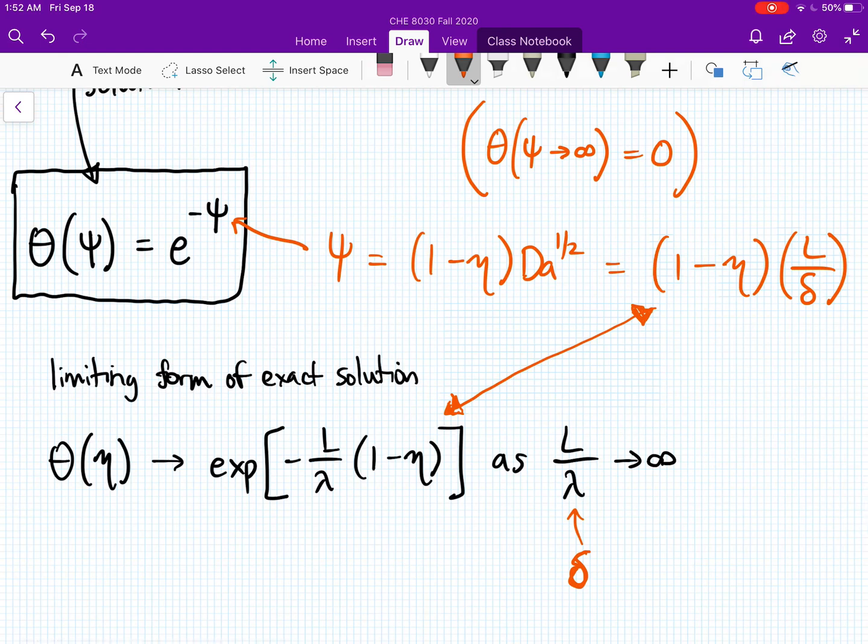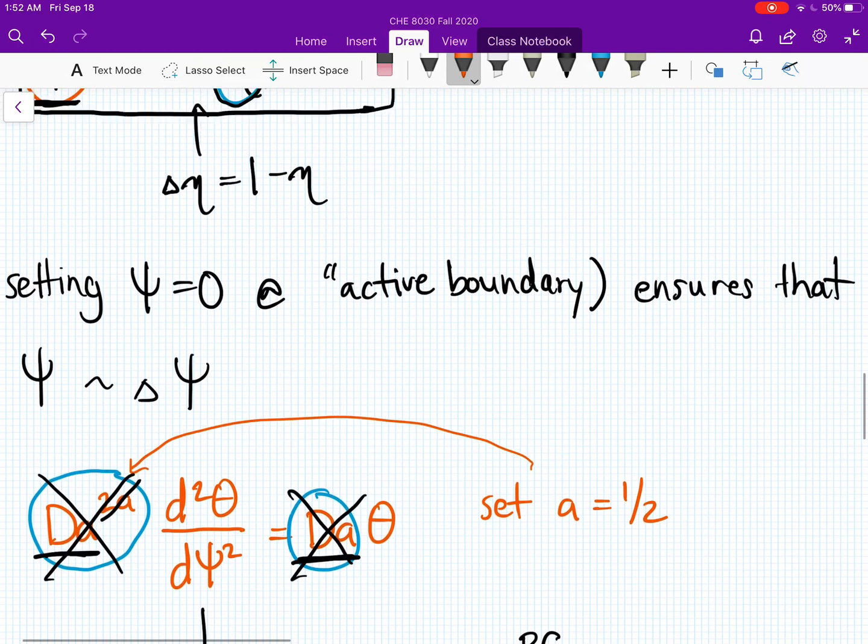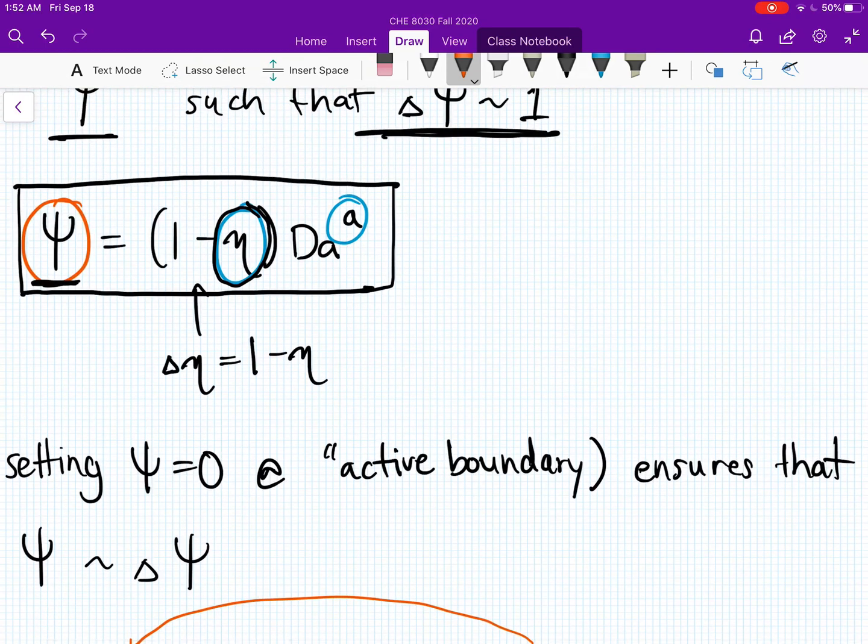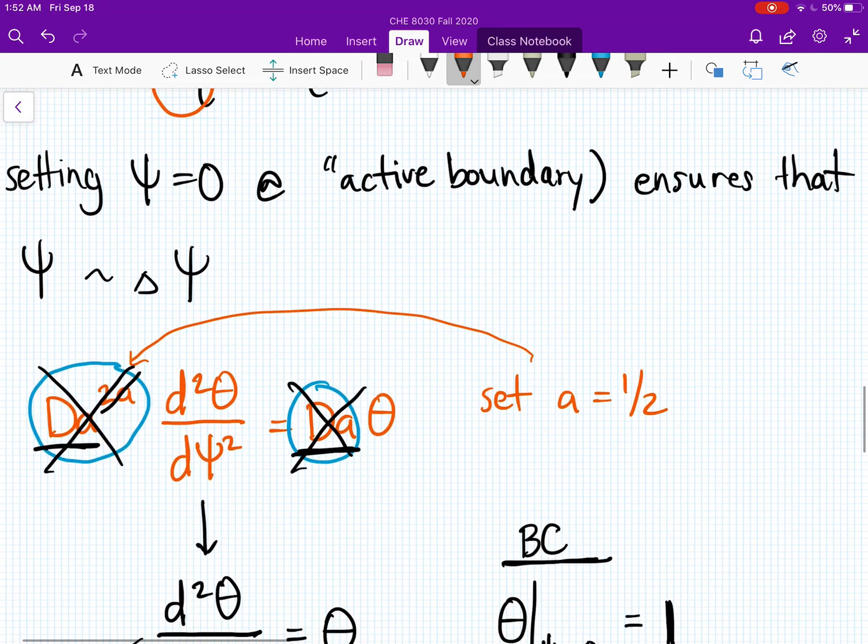The other one we got by the method of coordinate stretching, whereby we take this very small coordinate, delta eta, and we stretch it by a large factor, which for us was our Damköhler number. We raised it to some unknown constant, plugged that into our equation, and ultimately determined that the constant was 1/2.